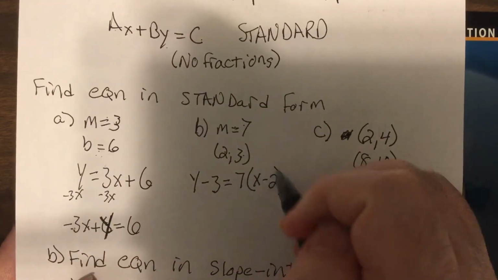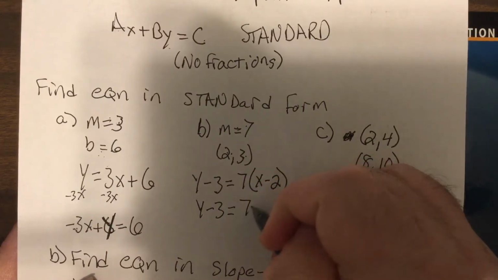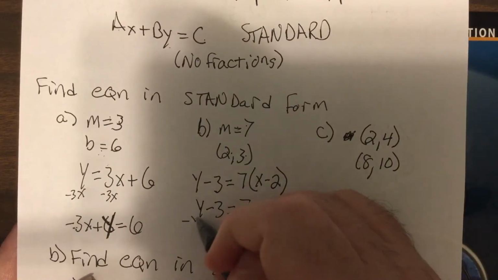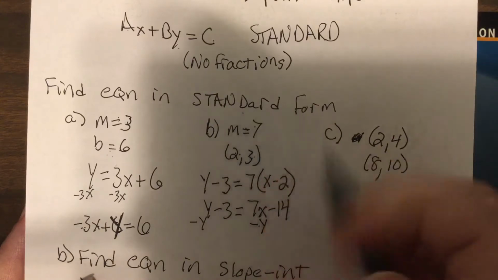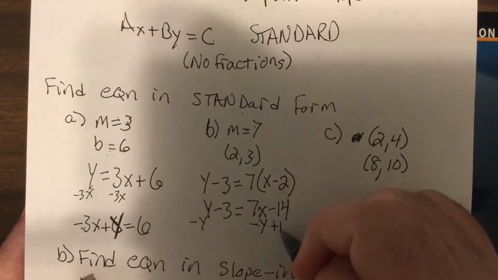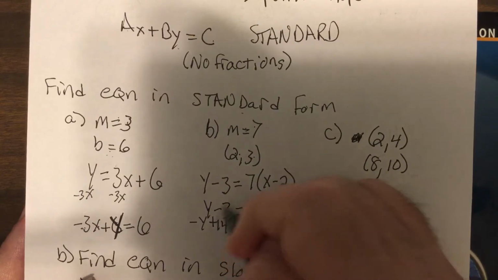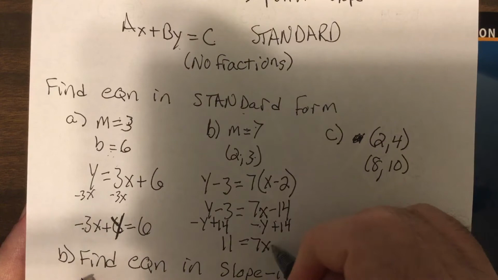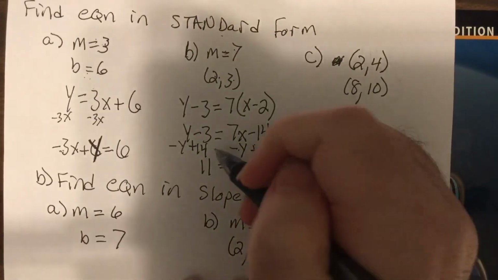So I'm going to distribute the 7. Now I'm going to subtract y to get x's and y on one side because I want it in standard form as an answer. And I'm going to add 14 to get all the non-variable terms on the other side. So that'd be 11 equals 7x minus y. And that's my answer.